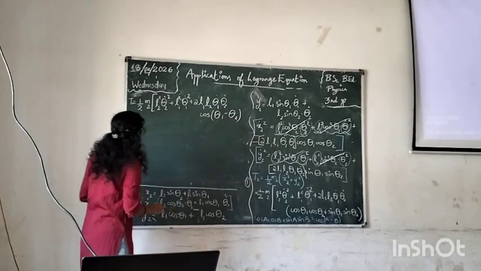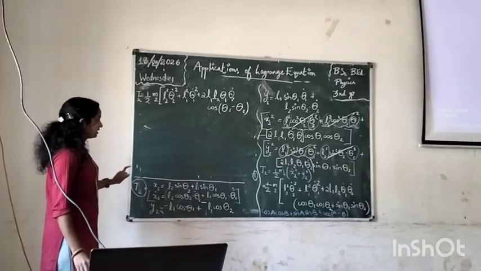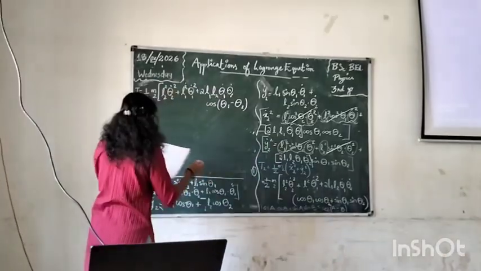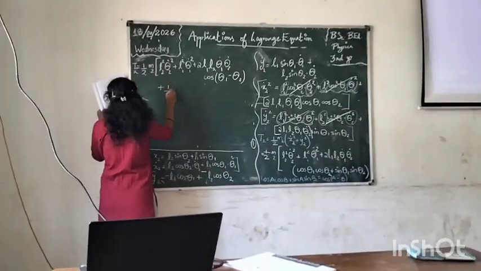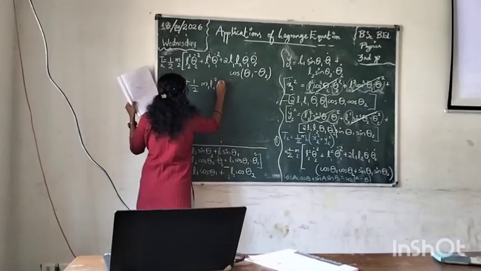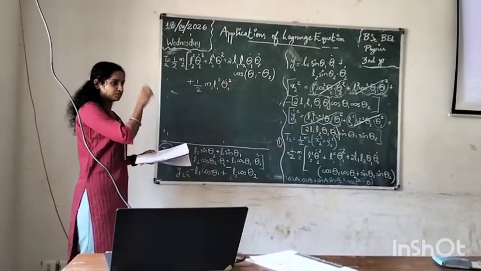So this is our T2 plus our T1. What was our T1? T1 is half m1 L1 square theta 1 dot square that we found from the first object.